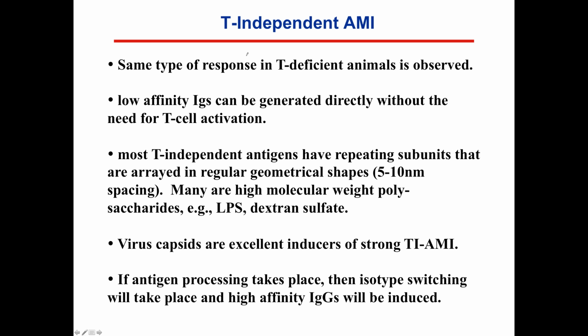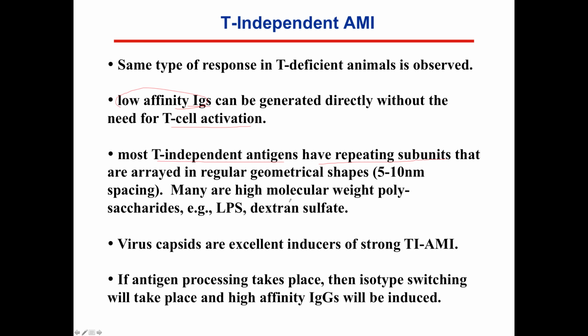Some characteristics of these: you could see an increase of certain types of antibody in animals that are T deficient. Usually the antibodies produced directly, without the need for T cell activation, are lower affinity. They're not the highest affinity antibodies. One of the things noticed is that most T-independent antigens have repeating subunits arrayed in regular geometrical spacings.